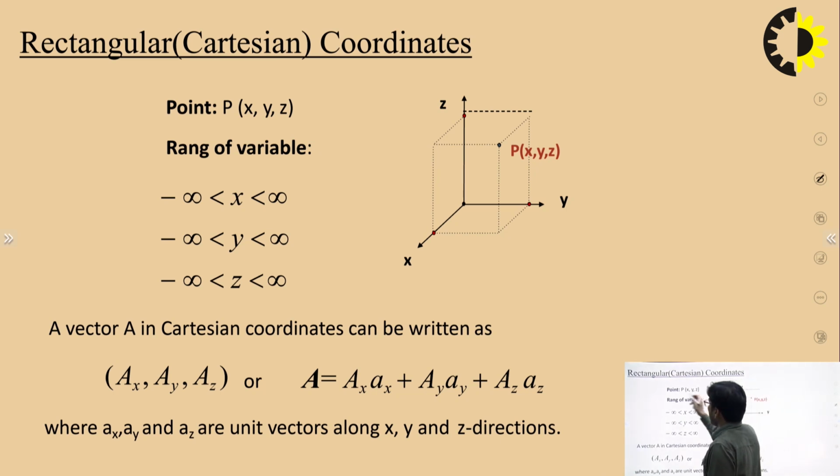The range of the variable x lies between minus infinity to plus infinity. Similarly for y, minus infinity to plus infinity, and z from minus infinity to plus infinity as well. You can clearly see in the diagram, the point P is represented by x, y, z.